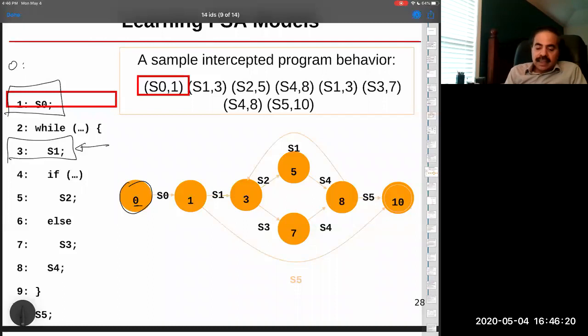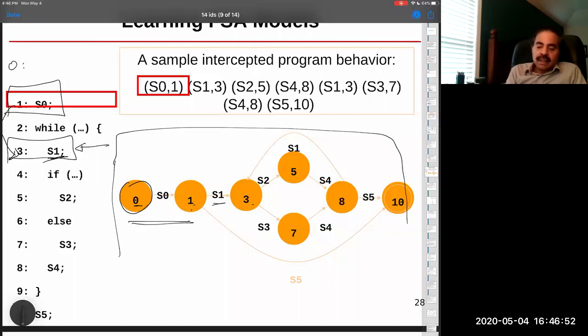This part of the finite state machine says that the program goes from line 0 to line 1 after making system call S0. It goes from line 1 to line 3, from here to here, after making system call S1, and so on. So by utilizing the information about where the system calls are being made from, it is possible to construct a finite state machine like this.